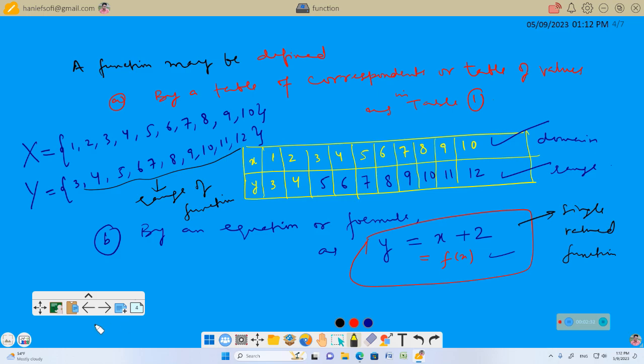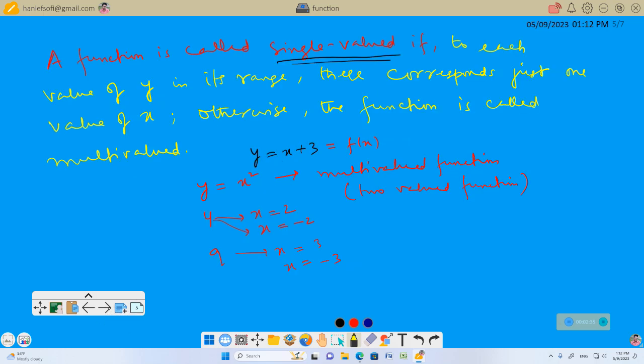So then we said that the function can be single valued if to each value of y in its range there corresponds just one value of x, otherwise the function is multivalued. For example, y is equal to x plus 3 is a single valued function. You can have a multi-valued function like y is equal to x square.